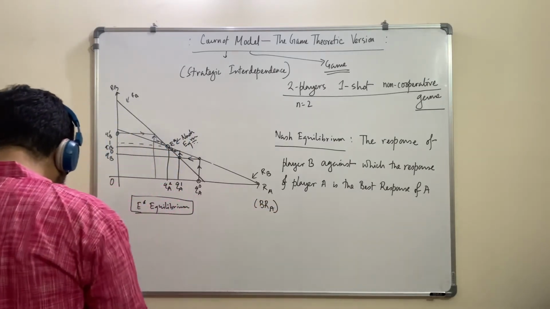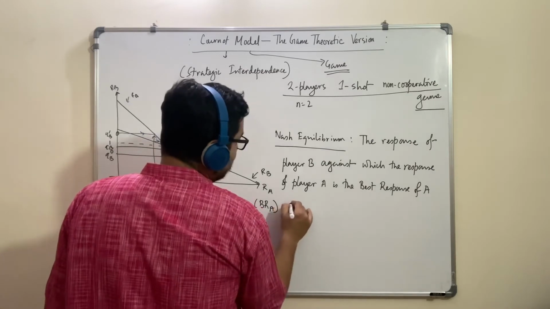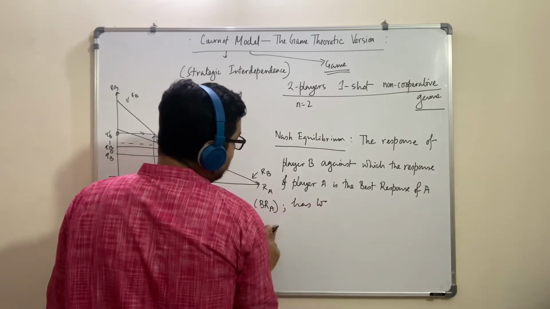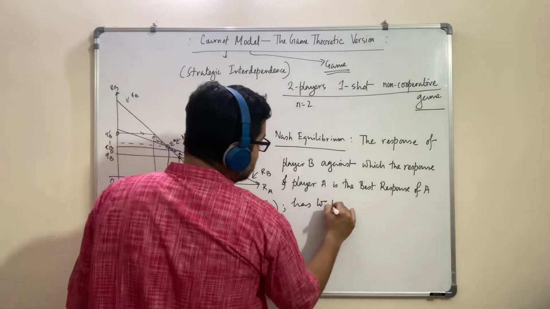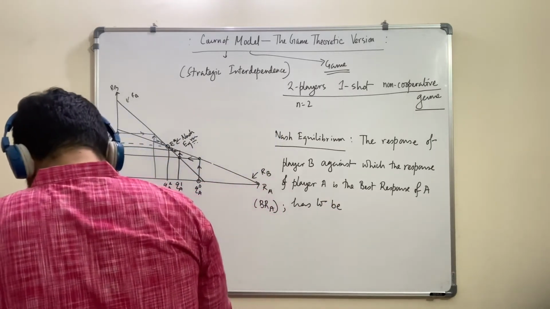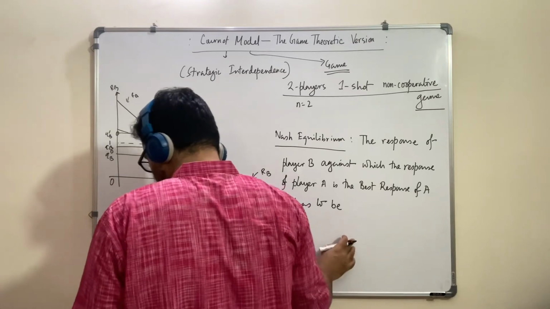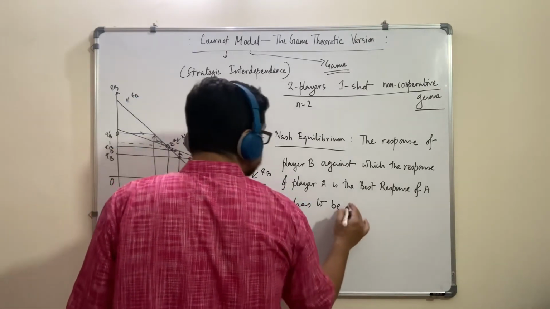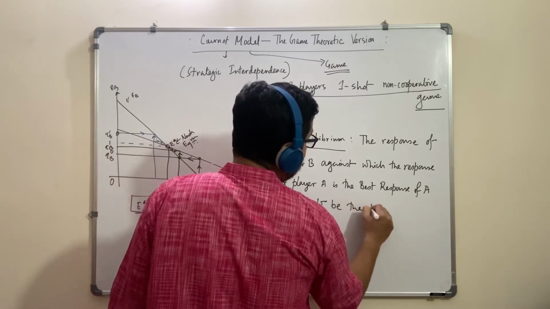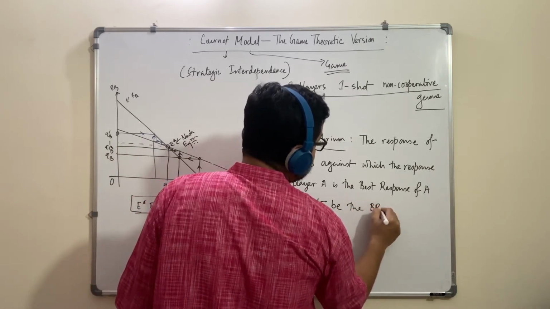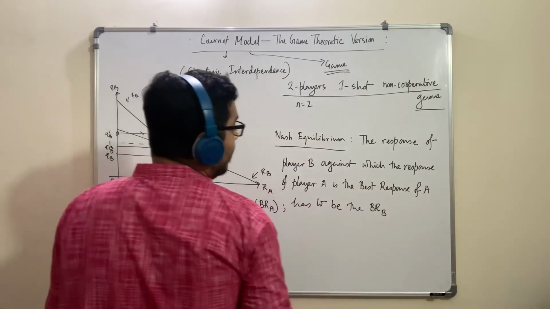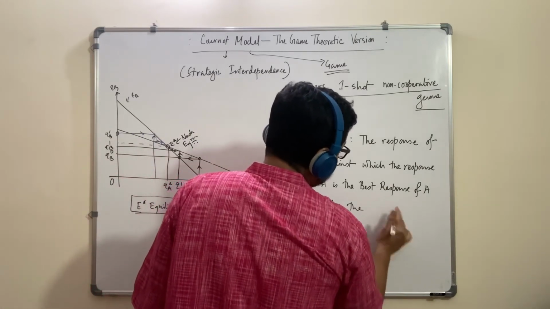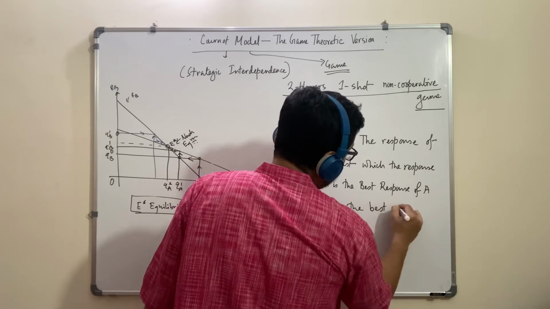The best response of A has to be, so we put a semicolon, has to be the best response of B. Okay, let me write it fully.